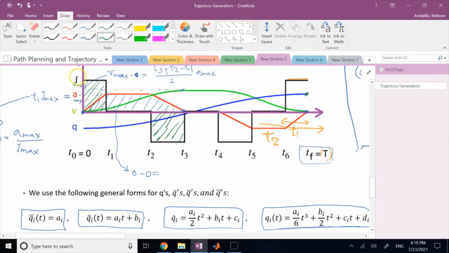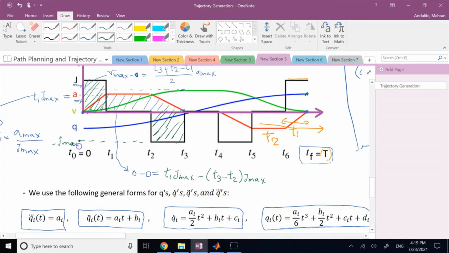Well, it is T1 times J max, minus T3 minus T2 times J max, correct? Because if you remember, if this is positive J max, I said this value here is negative J max.